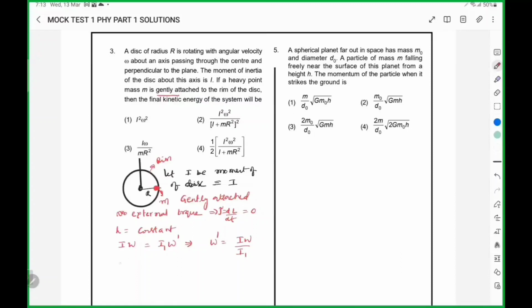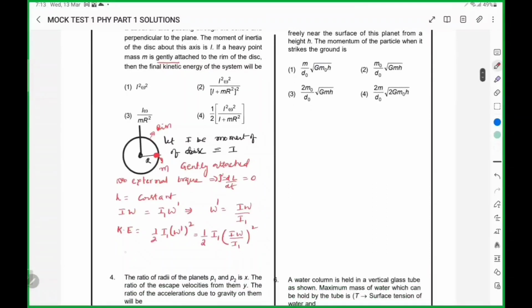So what he is asking, kinetic energy of the system is half I1 omega dash whole square. I1 omega dash is I omega by I1 whole square, which is half I1 I square omega square by I1 square.